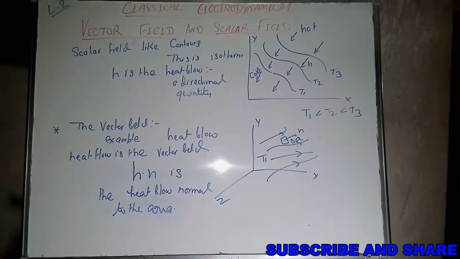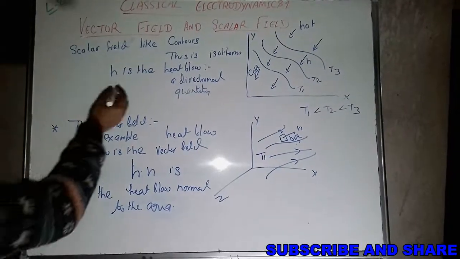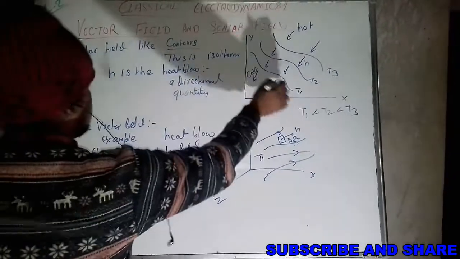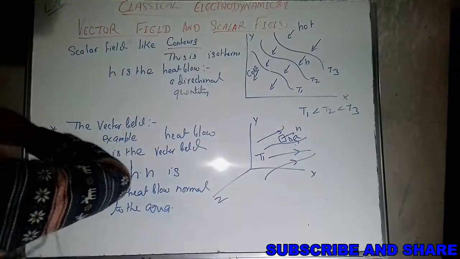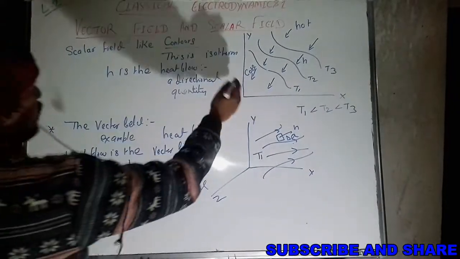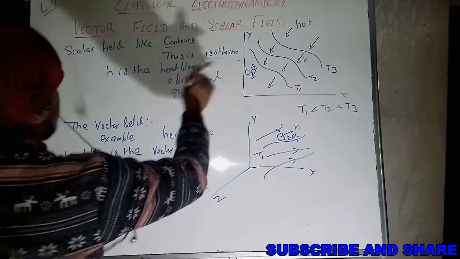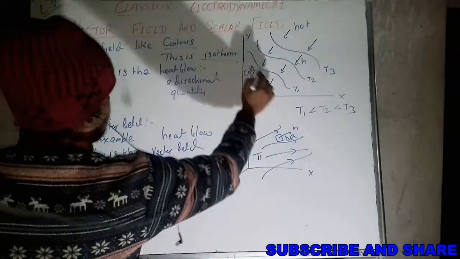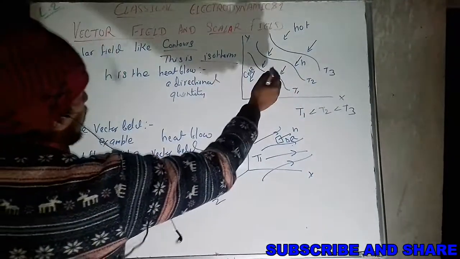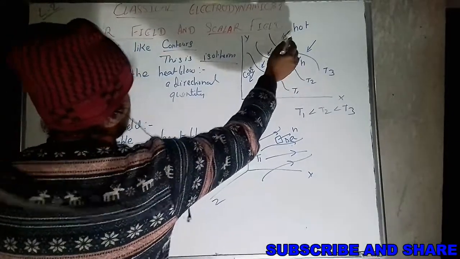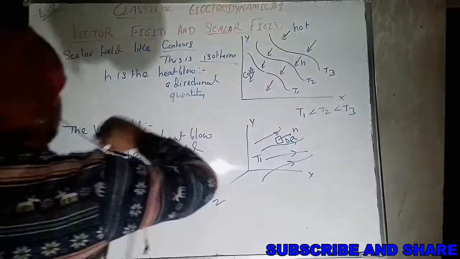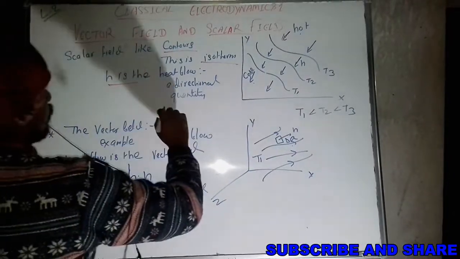Now we represent a scalar field by contours or continuous lines, and in the case of that metal body, for temperature we draw what are called isotherms. Each line represents a different temperature, and this arrow is called heat flow. It is heat flowing from hot to cold, and heat flow is a directional quantity.